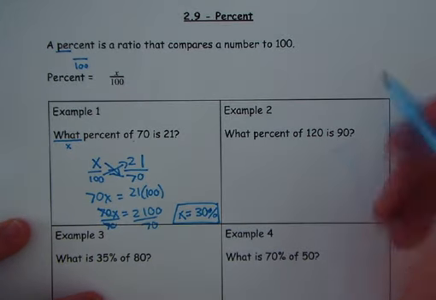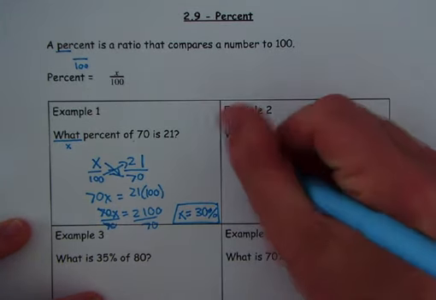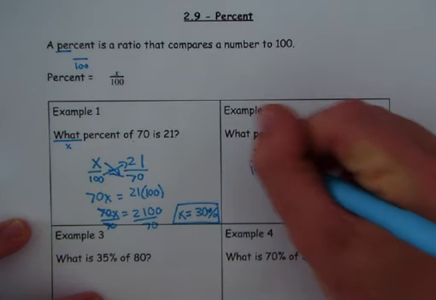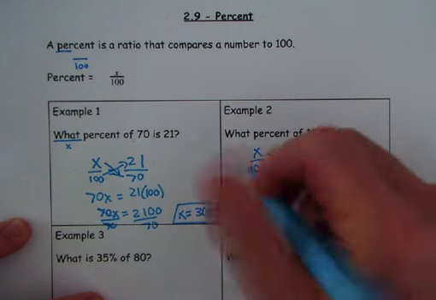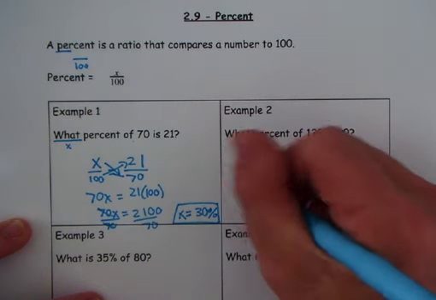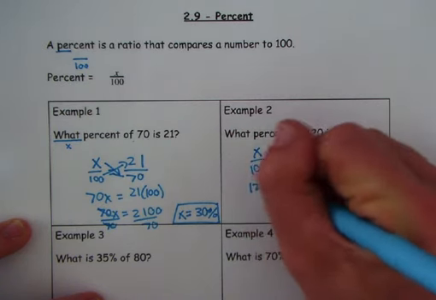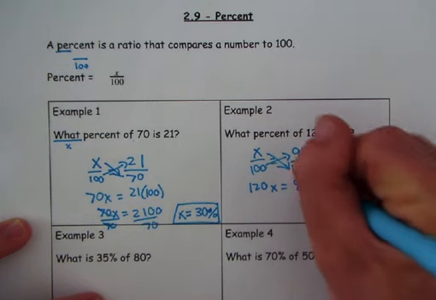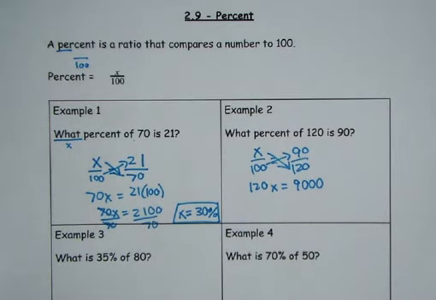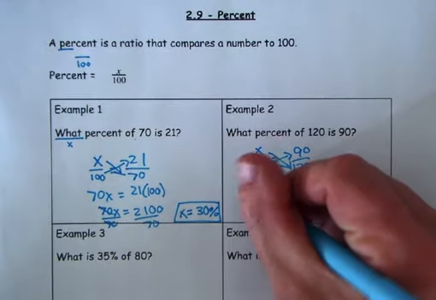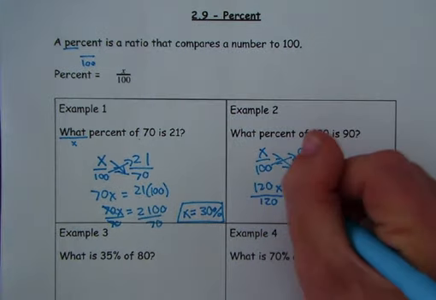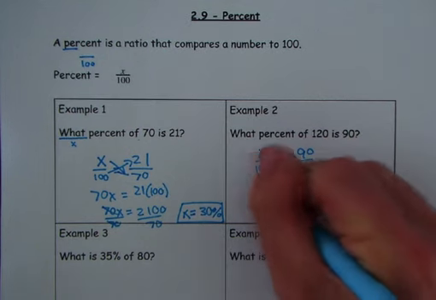Okay? So let's look at example 2. What percent of 120 is 90? X over 100 equals 90 over 120. Cross multiply, we get 120x equals 90 times 100, or 9,000. To solve for x, we're going to divide both sides by what? 120. Cross it out.